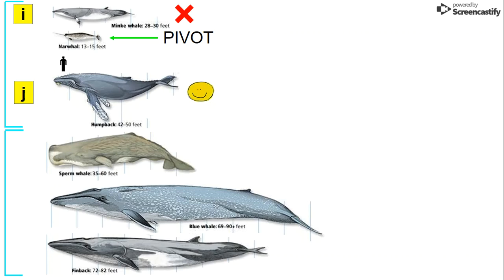So now we choose a pivot, the narwhal in this case, and we have to put everything that's smaller than the narwhal above the narwhal and put everything that's larger than the narwhal below the narwhal.